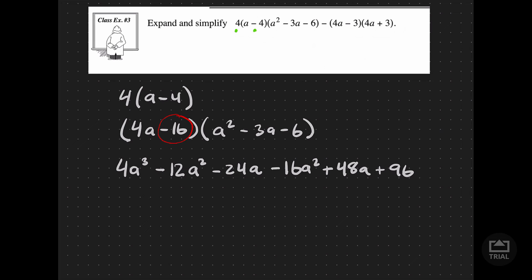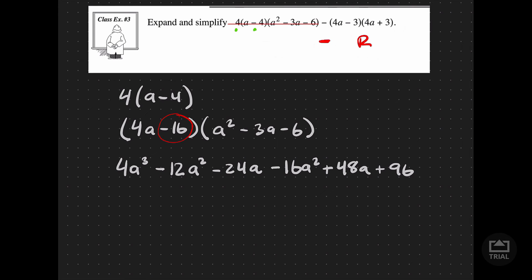Okay, now that is the left side right here sort of done. And from that we're going to subtract the right side. Before I move on to the right side, I just want to combine like terms and put this left side in a simplified and organized order, descending order. So what do we have? The cubes, degree 3, I got 4a cubed.